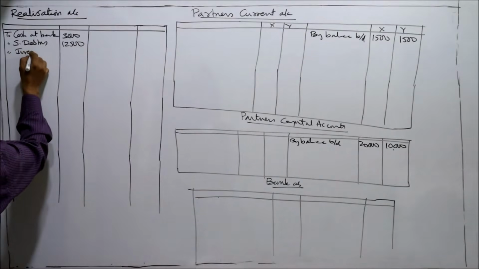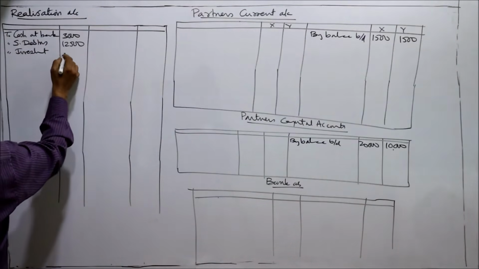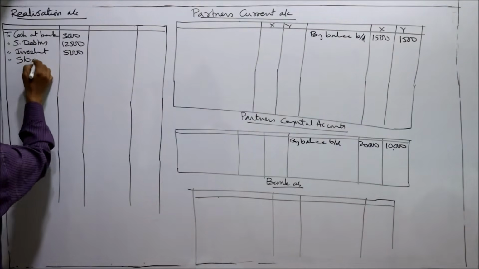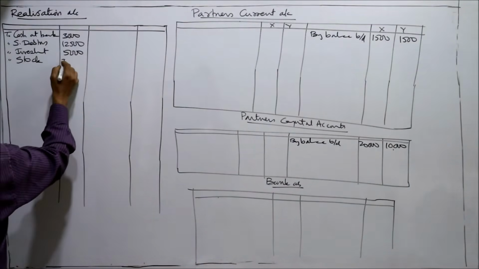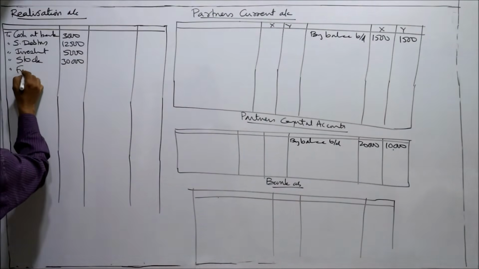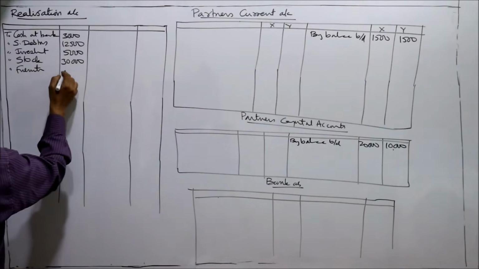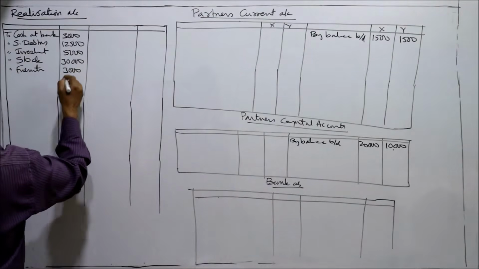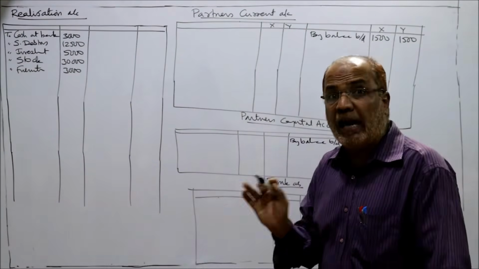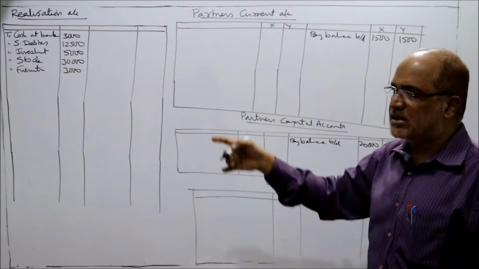Investments are 5,000. Next, to stock, 30,000. Then to furniture, 3,000. First entry we have posted, realization account debit to all assets account; we will take all the assets.